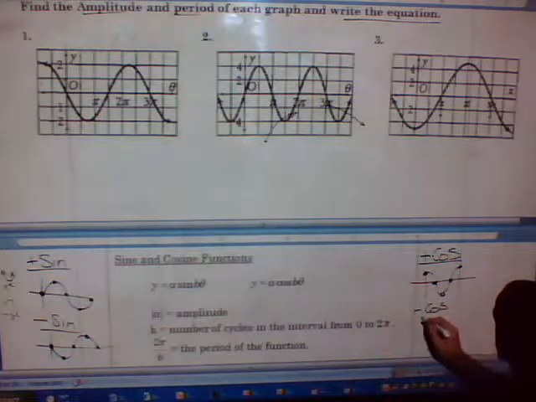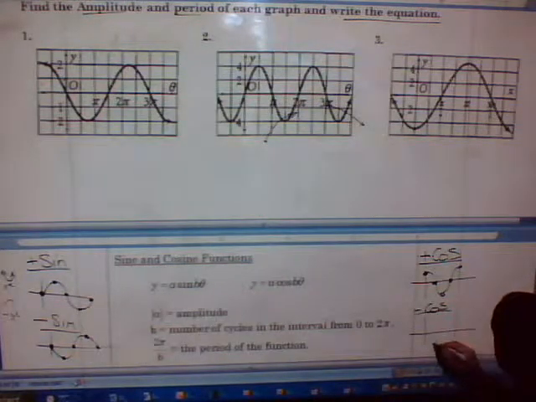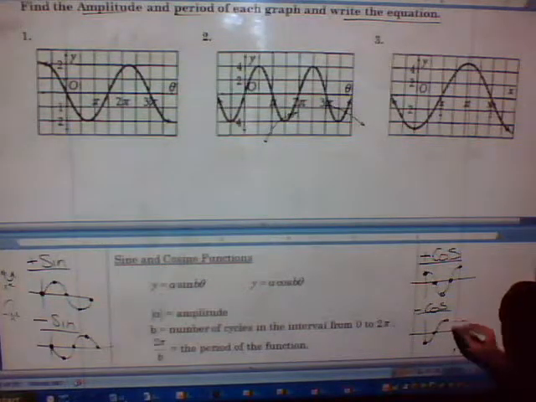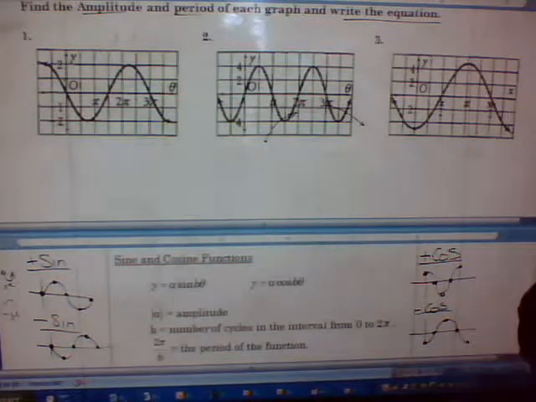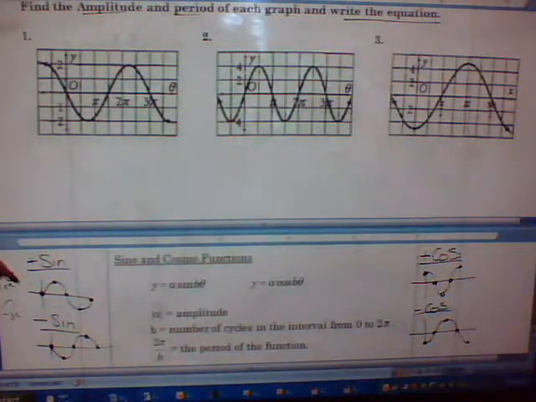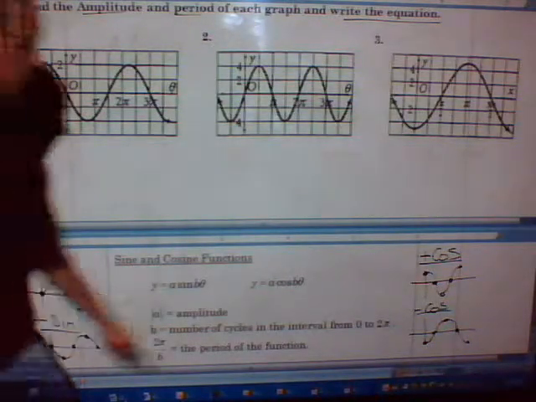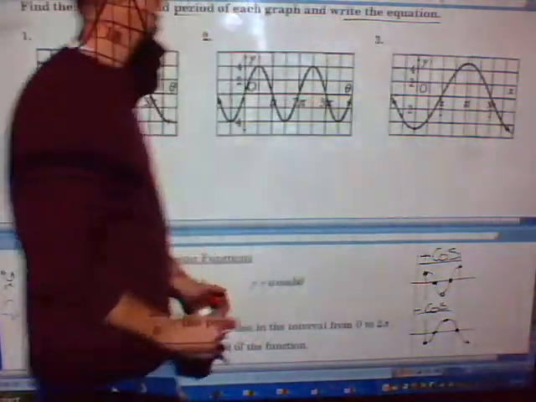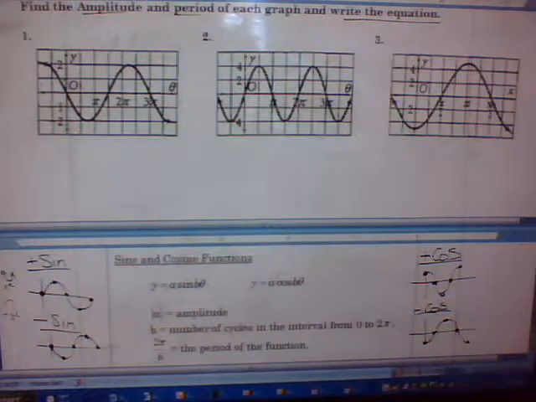Negative cosine is going to start at negative 1, head up to 0, go up to positive 1, back to 0, and then back down to negative 1. Okay? So, you can tell sine and cosine apart based off of where they start. Sine starts at the origin, cosine starts at either positive or negative 1. So, on the first example here, we need to first decide what are we looking at, sine or cosine?